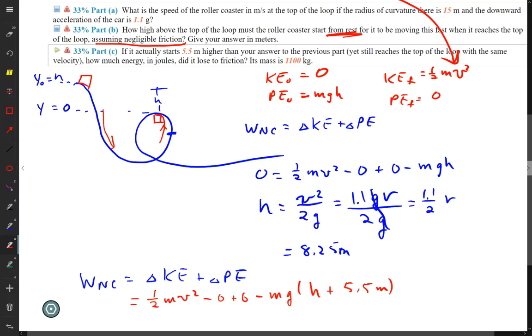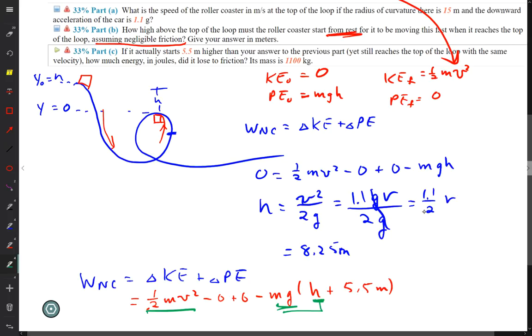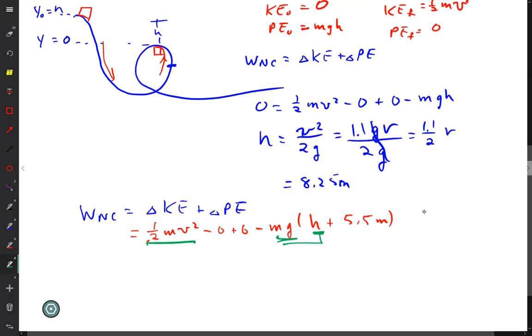Why did I write it like this? Because I know that if I take this here and this part multiplied by that, those give me 0. That's what I just calculated. And so I have the extra 5.5 meters, and so I can immediately say the work non-conservative is equal to minus mg times 5.5 meters.